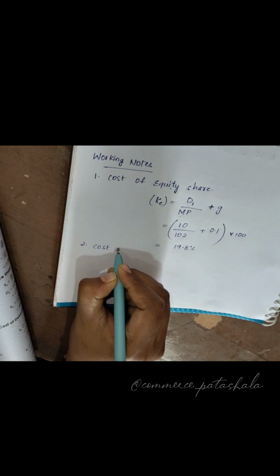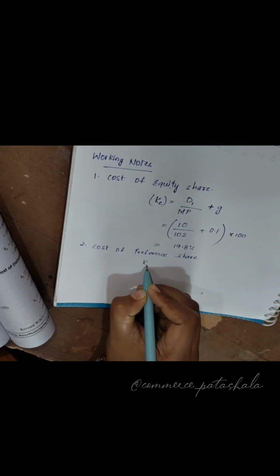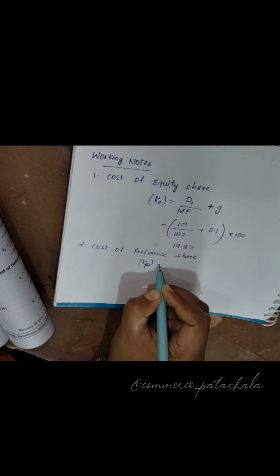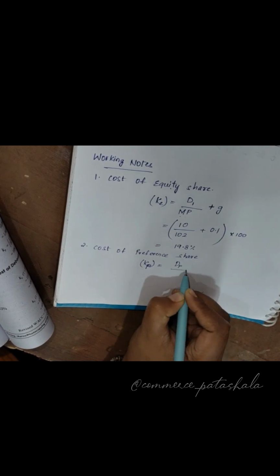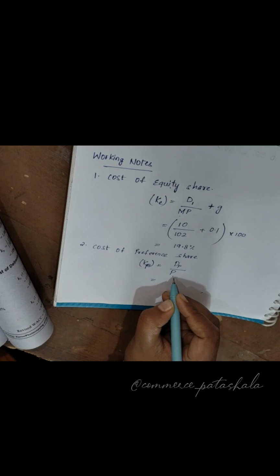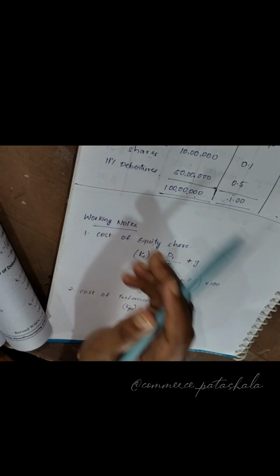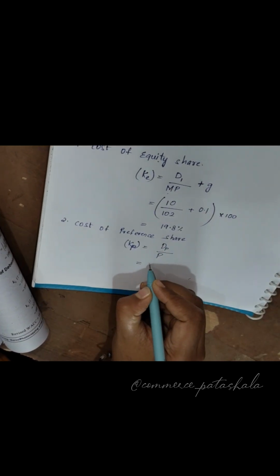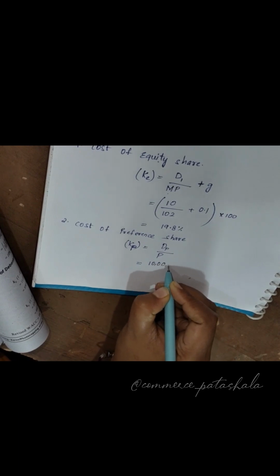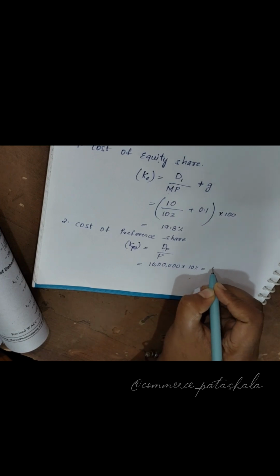The formula for cost of preference shares, denoted by KP, is dividend for preference share divided by the price, the overall investment that you received through preference. The dividend we are receiving is, they said 10% preference shares, right? So 10 lakhs is the capital, and 10% of that is 1 lakh.